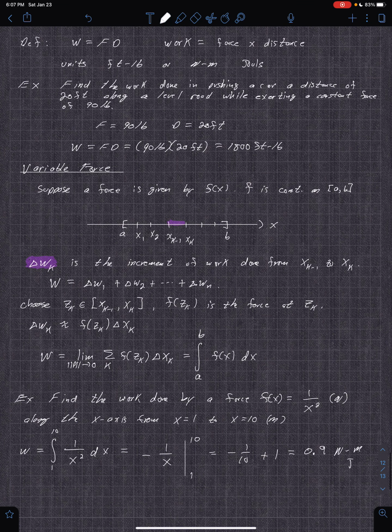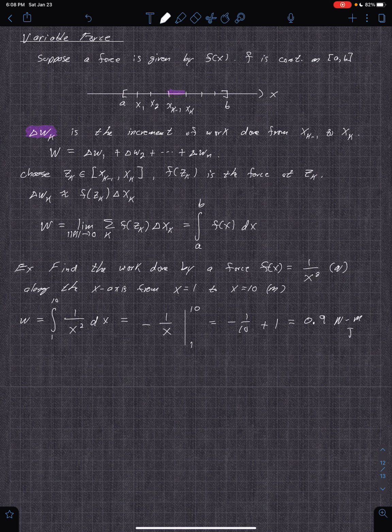Okay, next we'll look into kind of the heart of this section, and that is pumping liquids from a container. And it varies, right? If you have an odd-shaped container, and we'll do this one first in the next video, and then you're going to pump that liquid out, the force of the water due to gravity changes.